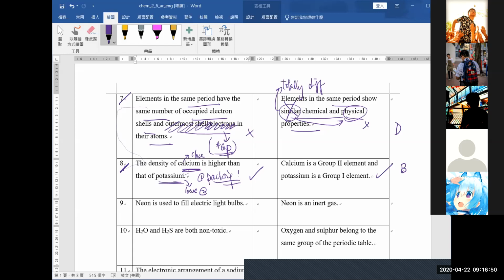Now, Wendy, could you please help? Calcium and potassium have different density. Besides packing, what else should be considered?